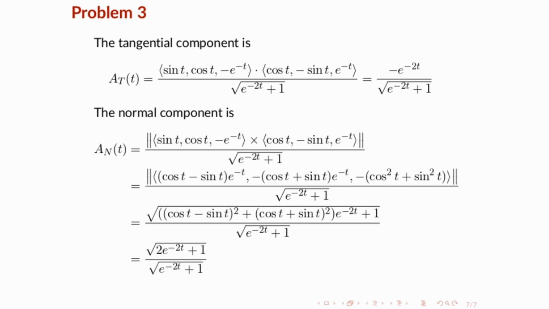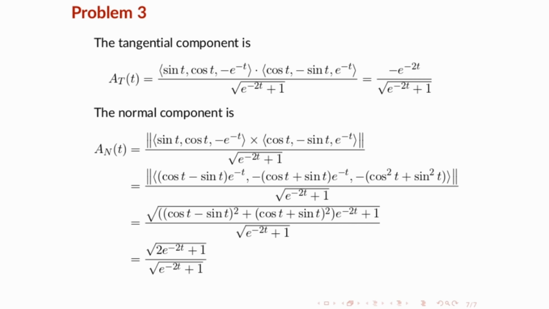Now moving on to the other terms, we have cosine t minus sine t times e to the power of negative t, and we have negative cosine t plus sine t times e to the power of negative t. Now squaring both of these, we're going to get something like cosine t minus sine t squared times e to the power of negative 2t plus cosine t plus sine t squared times e to the power of negative 2t.